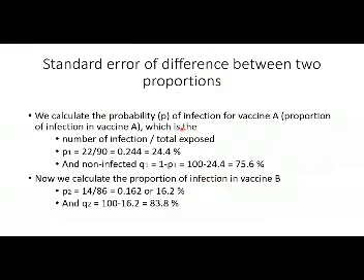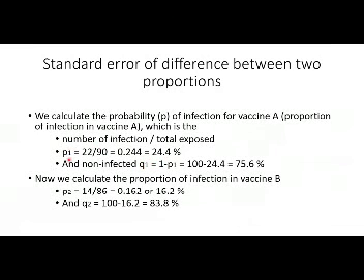Now, we calculate the probability of infection for vaccine A, that is the proportion of infection in vaccine A, which is the number of infections by the total exposed. This is 24%, already shown in the previous slide. 24% is the attack rate or the proportion of infection.